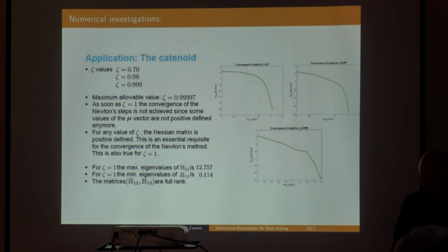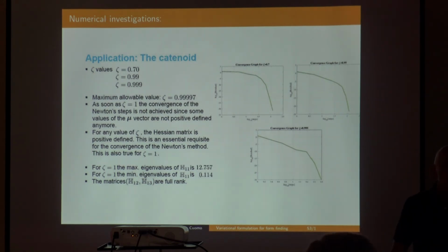And these are the convergence plots, in this case, for the residuum for some different values. This zeta parameter is the one which helps convergence, but for instance, the last one is almost 1. We get quadratic convergence.